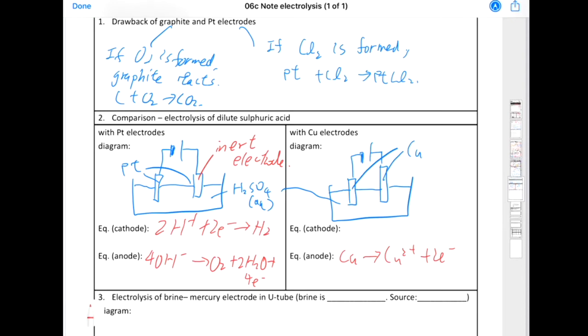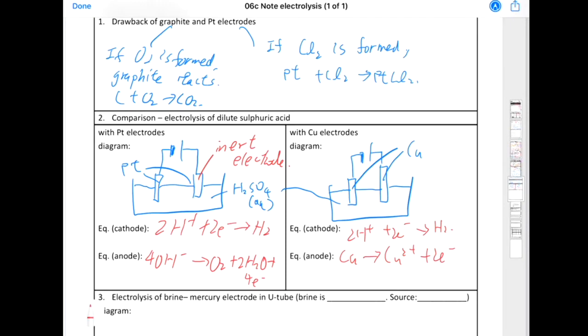For the cathode, would H+ react first? Maybe. Okay, first of all, H+ will react first. But isn't Cu2+ a stronger OA than H+? Later, it takes time. Okay, so at the very beginning, you can see hydrogen gas bubbles.